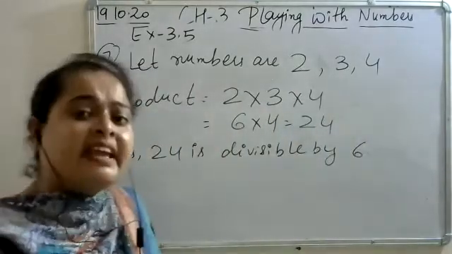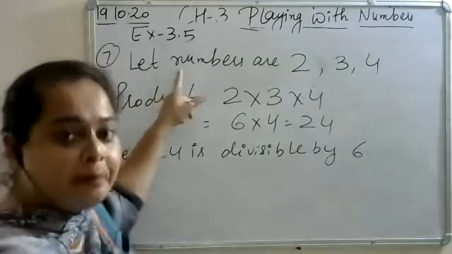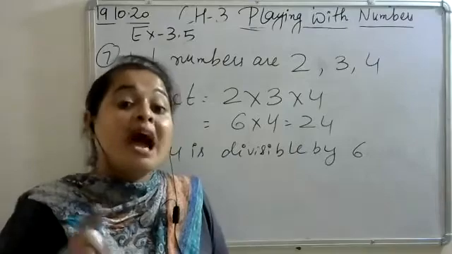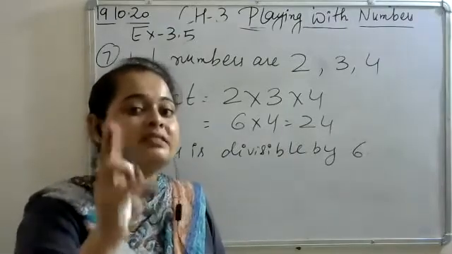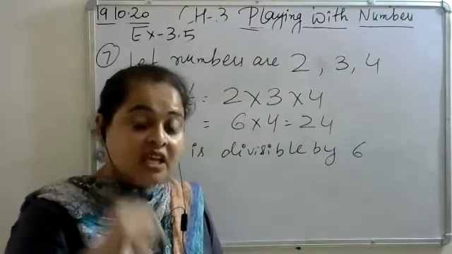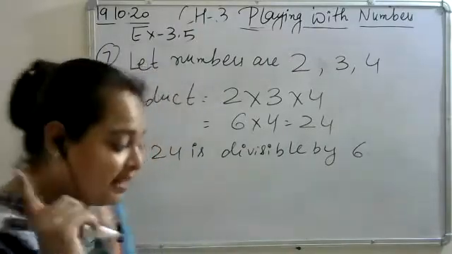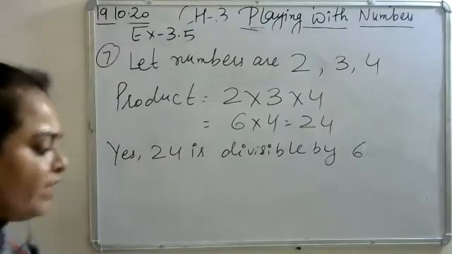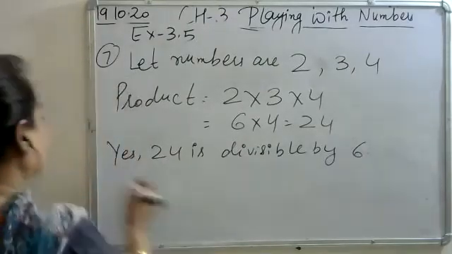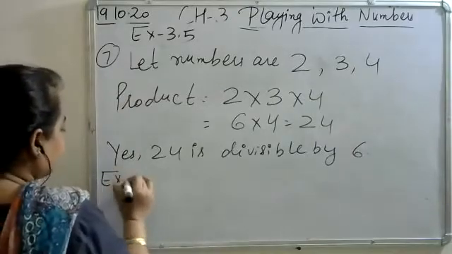This is example number 1. In this type of question, you have to give at least 2 examples. Two examples are compulsory, not 1 example. Yes, as Savya said, take 1, 2, 3. Second example, example number 2.